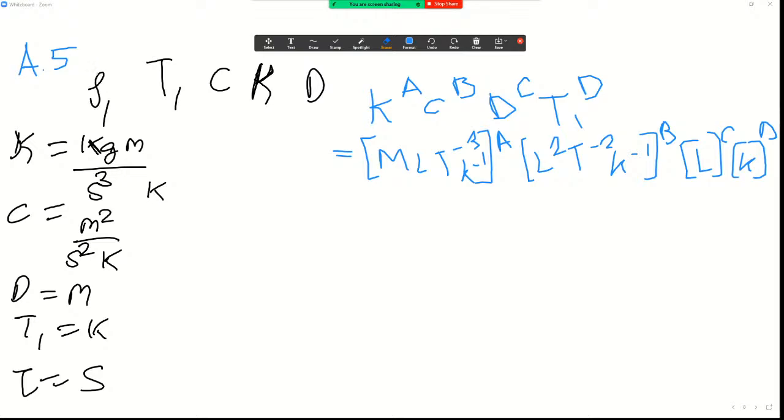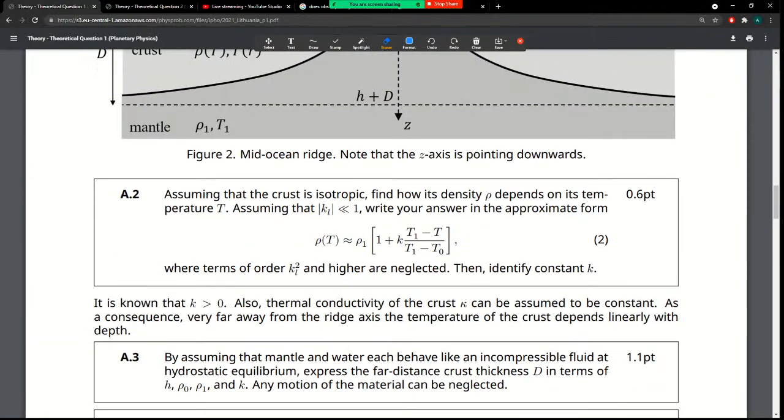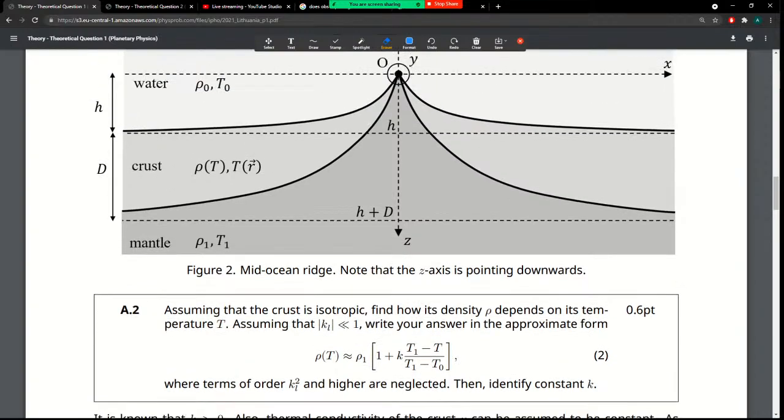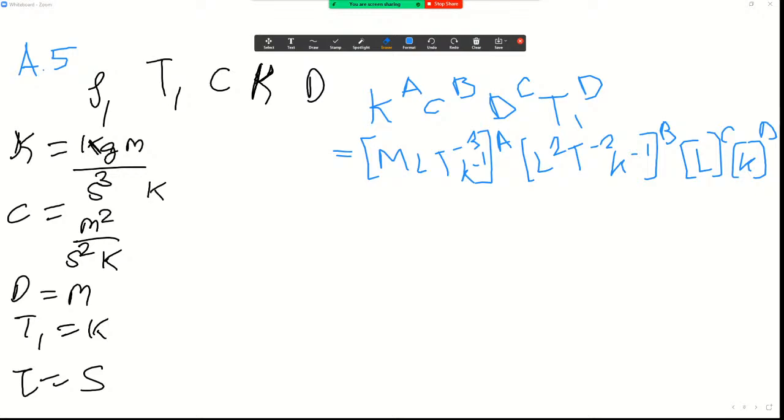But here rho 1 and rho naught both exist. So should we take rho 1 or... this characteristic time is so complicated. I guess you can just say it's like one of them. Then we have five parameters and only four equations of mass, length, time and Kelvin. Yeah, that's true.